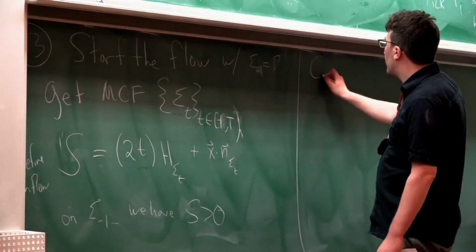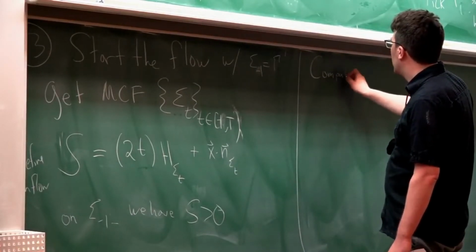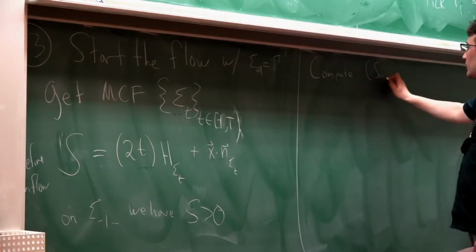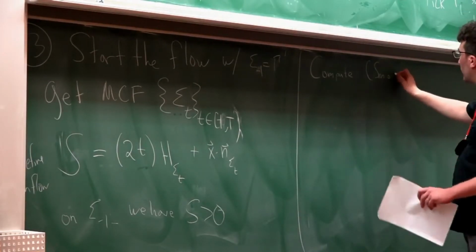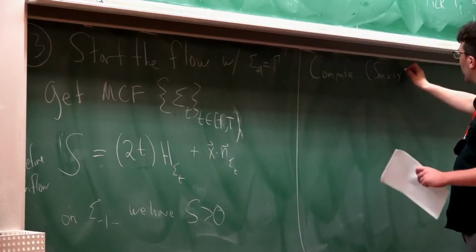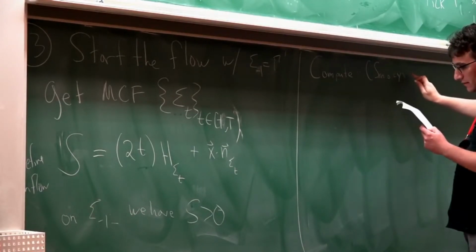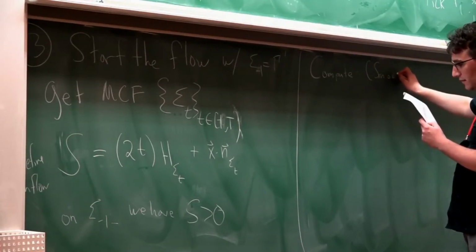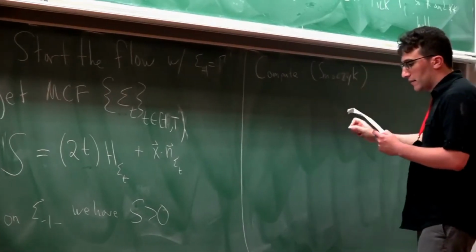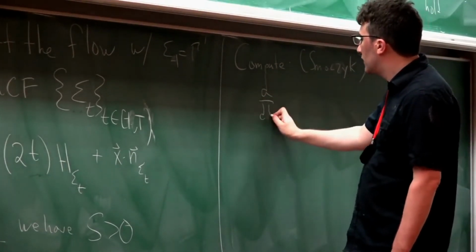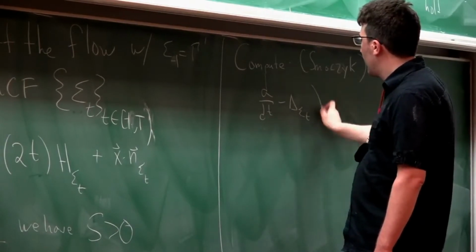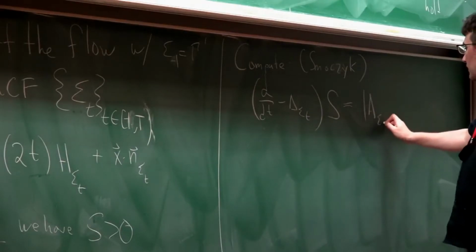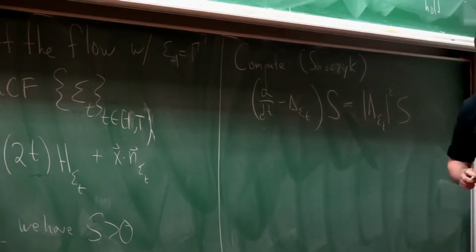The way to see this is the following computation, which again is not hard, and this was originally considered by, I guess, Huisken-- can't spell his name. So if you look at the evolution of this scalar S, then it's given by the following.